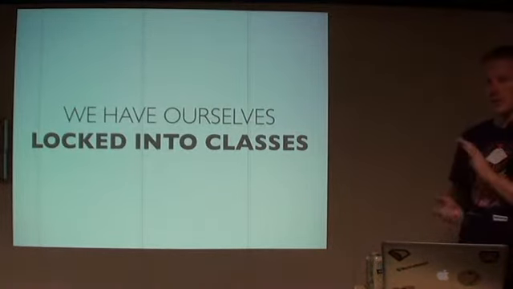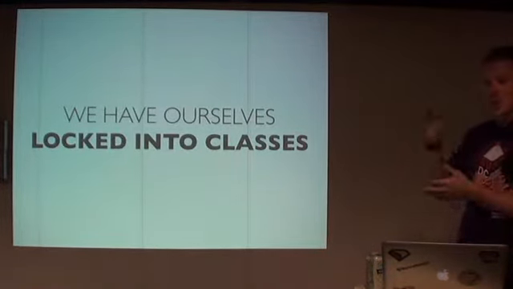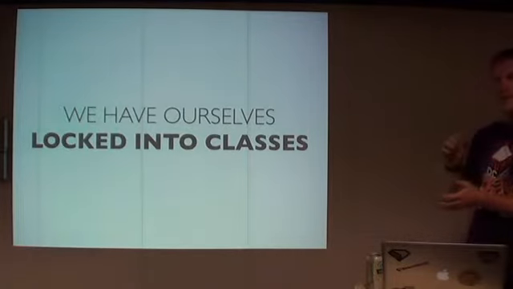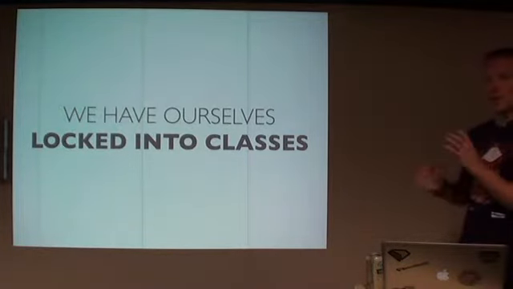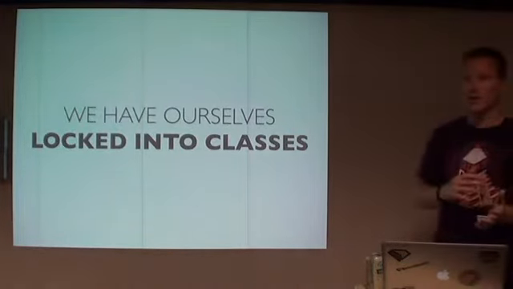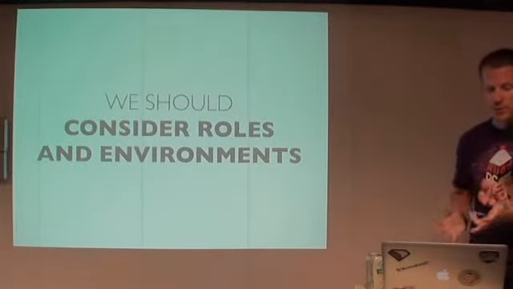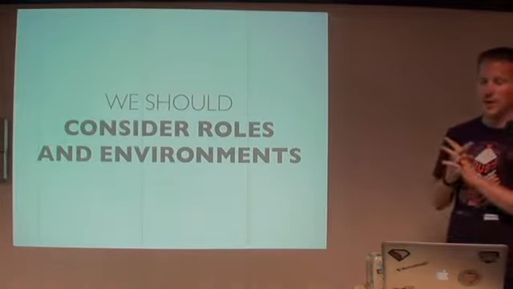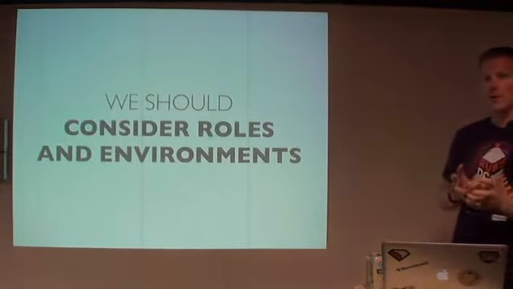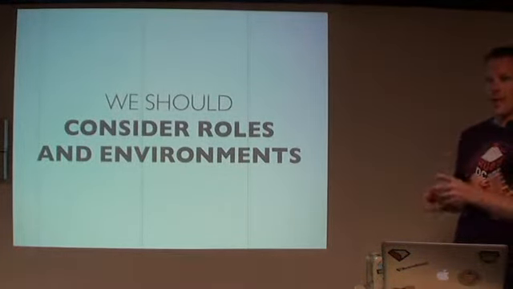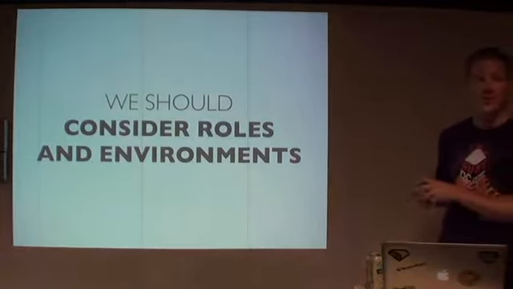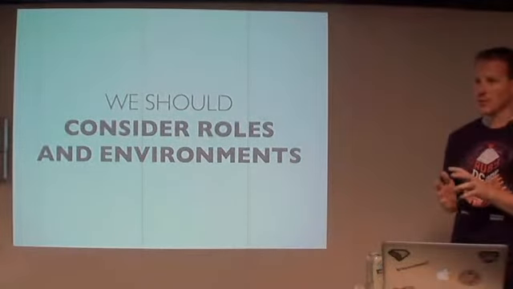And so this is a look at objects as they should be, focusing on their behavior and not on where they came from. And I think we should consider our roles in environments. The roles that our objects play inside our environments are really what's important to our system.